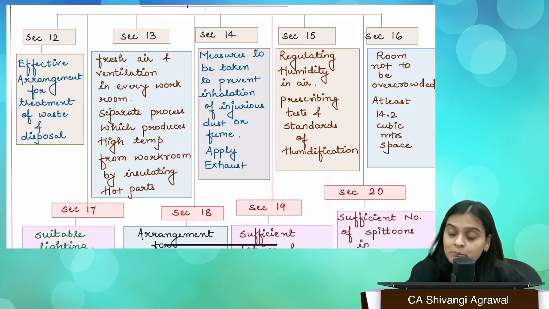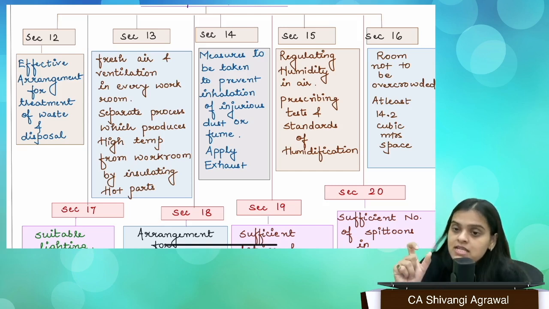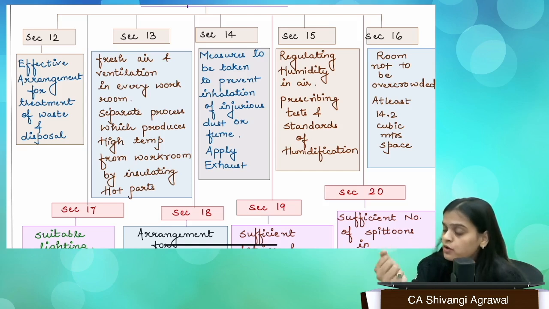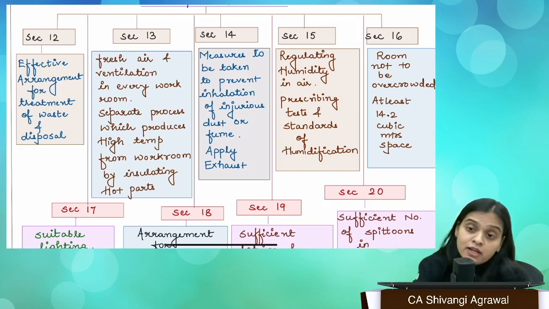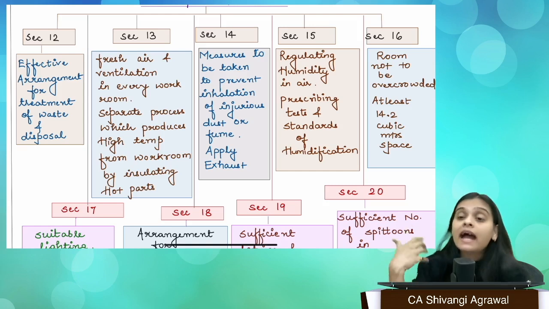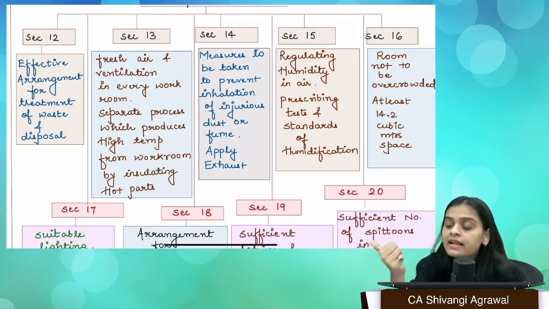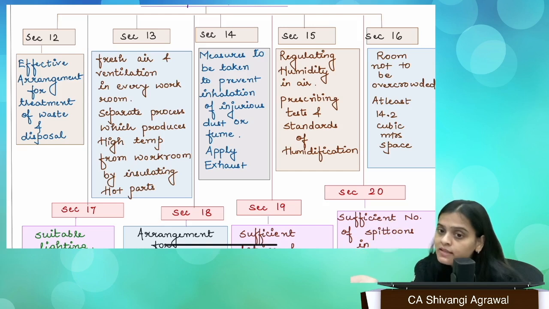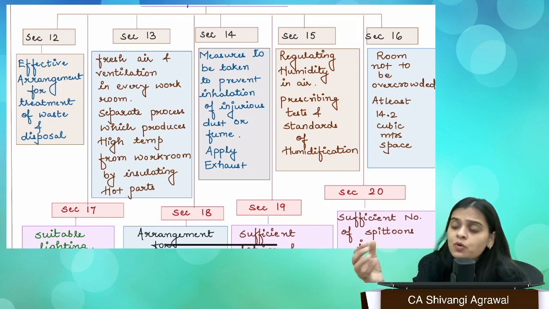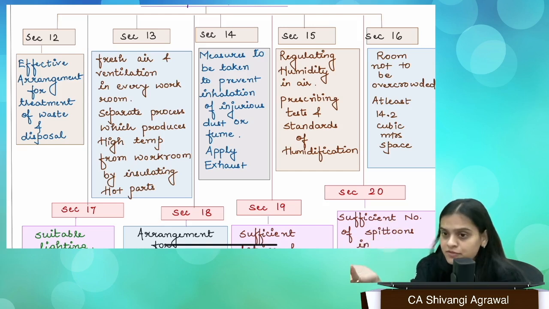Secondly, when we talk about temperature, see, a factory is a place where the manufacturing process is being carried out. So if I talk about cold storage, there is a very low temperature that needs to be maintained, right? There might be cases when you need very high temperature to be maintained, right? And the workers will need to go in there. So it is providing them a lot of discomfort, right?